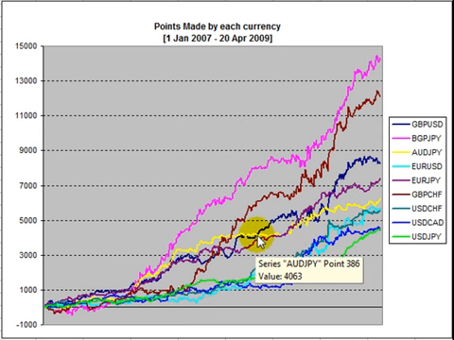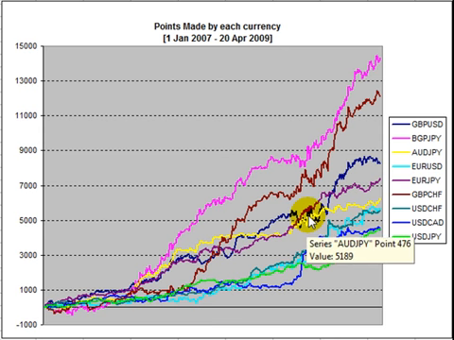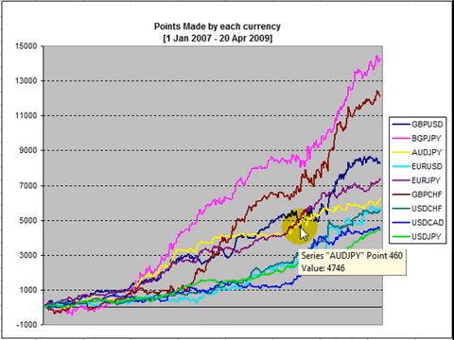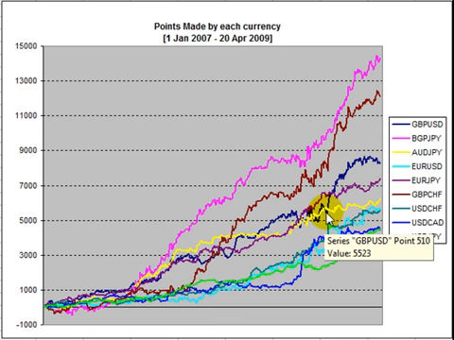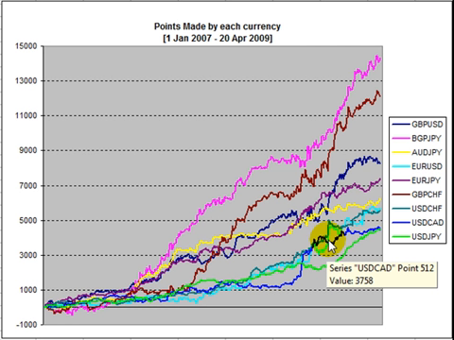Similarly, the Aussie yen was going up. During this period, actually that's the pound US dollar, when the pound US dollar had some drawdowns here, here, and here, during that period of time, other currencies were performing.